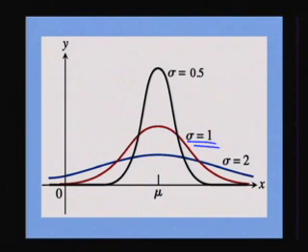And comparing that then to a standard deviation which is larger, in other words, a standard deviation of 2, that spreads the curve out more. While if we decrease the standard deviation, for example, a standard deviation of 1/2, you can see that what happens is we decrease the spread, narrowing the shape of our bell-shaped curve.